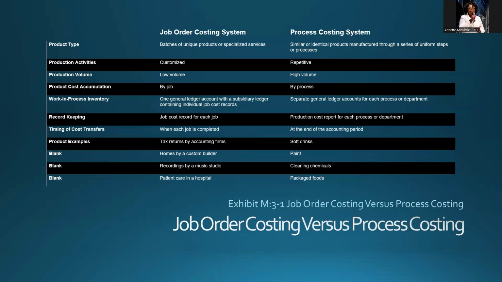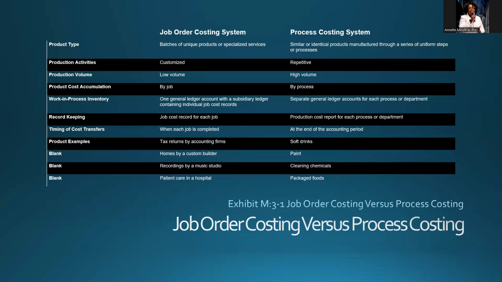Here you see in Exhibit 3.1 the job order costing versus the process costing. Here on the screen, you'll see the job order costing system. For product type, you have batches of unique products or specialized services, whereas in the process costing system, you have similar or identical products manufactured through a series of uniform steps or processes. Job order costing systems are customized, whereas process costing systems are repetitive.